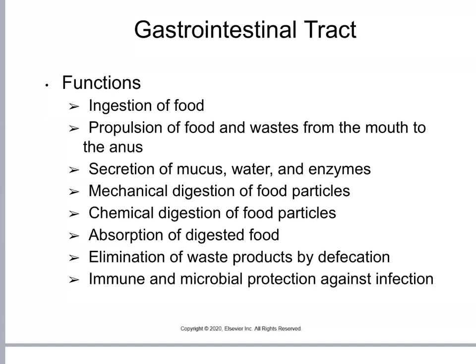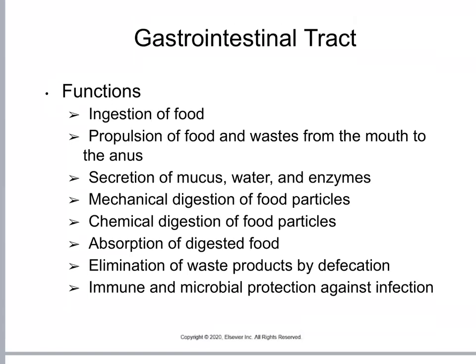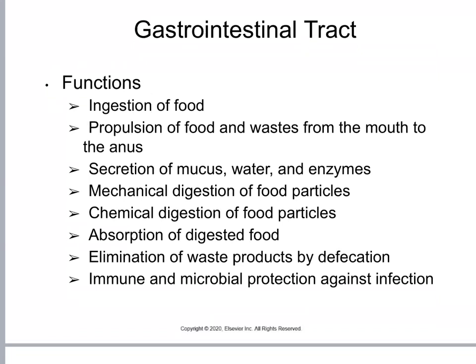And then also the GI tract is an important site for the immune and microbial protection. I'm sure some of you have read somewhat about the importance of the microbiome, especially if you are aware of antibiotics and some of the cautions we need to take around them. That is because the GI tract has this immune and microbial protective function.